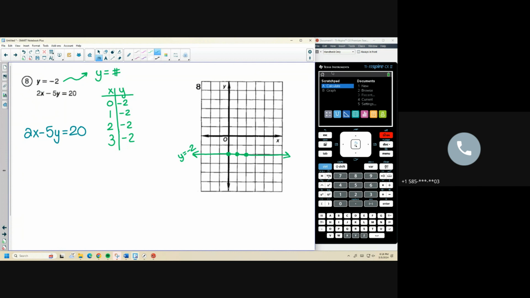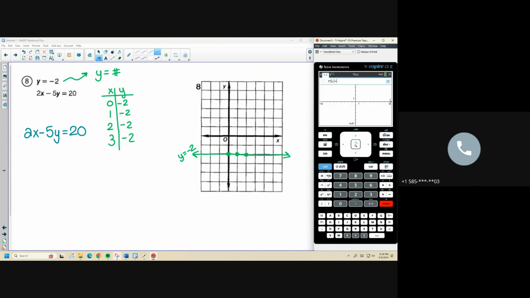I would like you to see how we could use the calculator to do this as well. I will come down, we're going to open a graph page. Because y is not alone, I'm going to press delete and select relation. And I'm going to go ahead and type in 2x minus 5y equals 20.